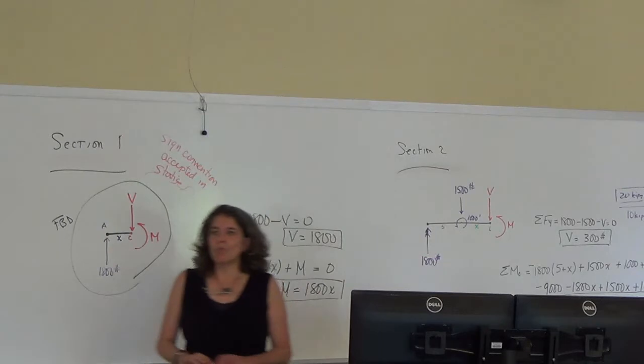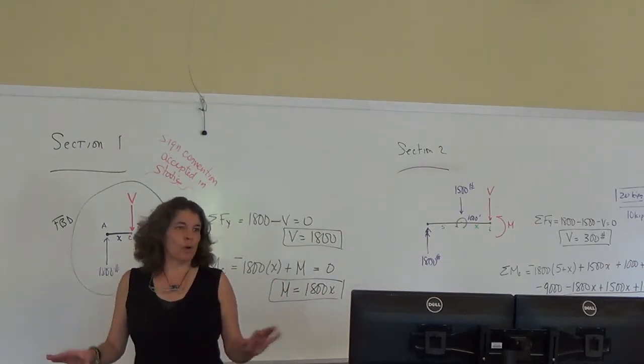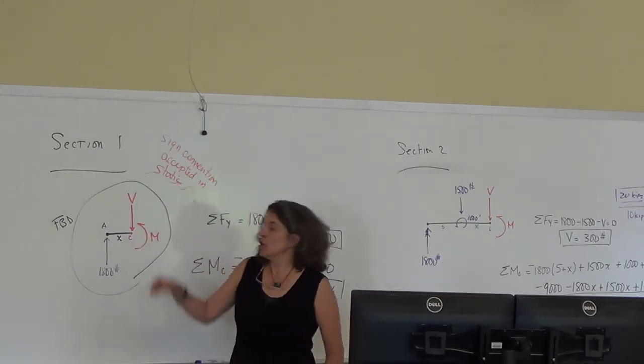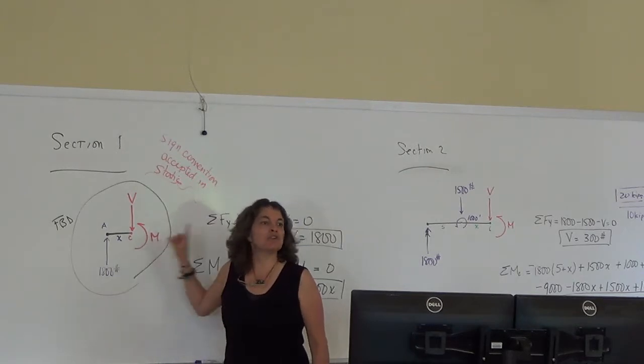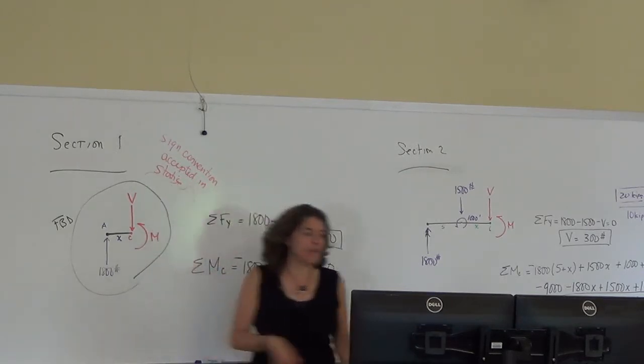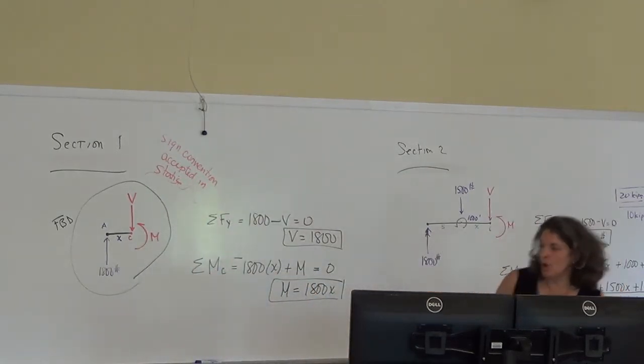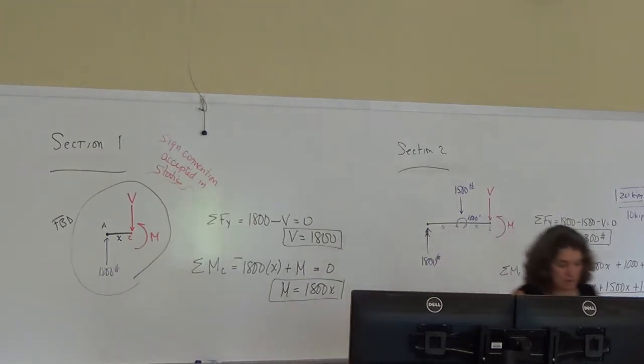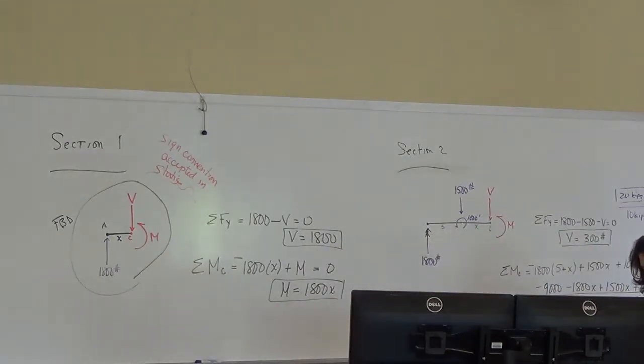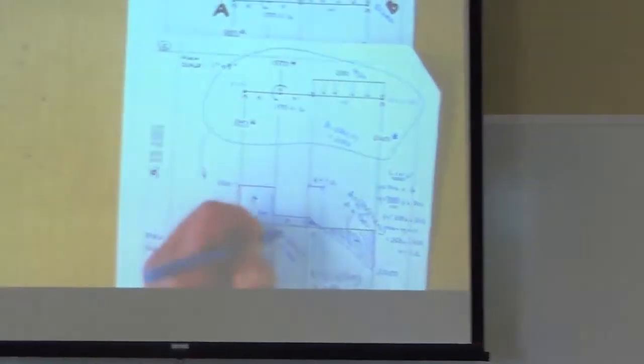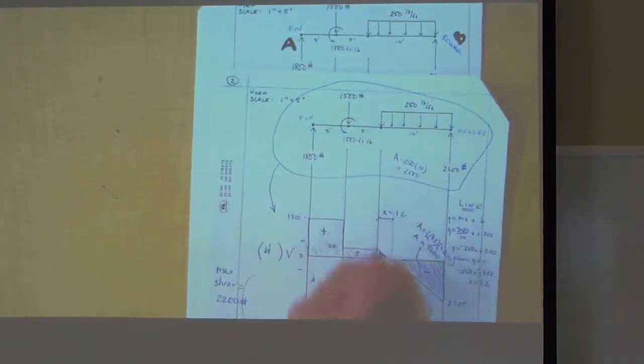So you don't have a choice. In statics, V goes down. But it's awesome, because V goes down, whenever we do all these things, if the force goes up, V goes up. If the force goes down, V goes down.